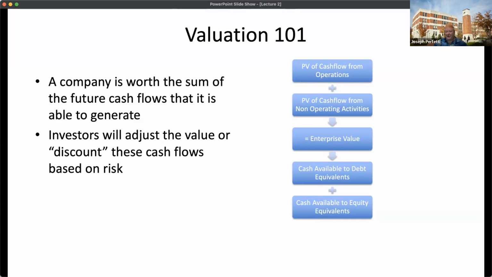And 2, when we do that, we're going to be mapping it to Modigliani-Miller, which is the graphic here on the screen. What it says is a company's worth is the sum of its future cash flows. It's going to have 2 types of cash flows: one is the operating cash flows, and 2 are the non-operating cash flows. And because we're going to use the concept of net present value, if we present value those cash flows to today, then we can add them together.